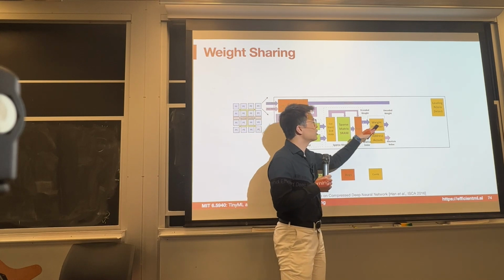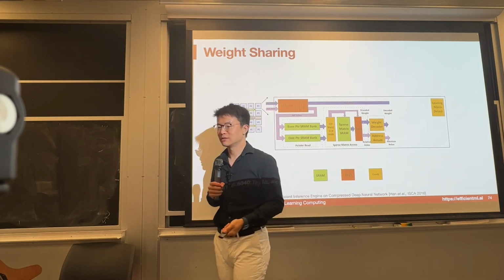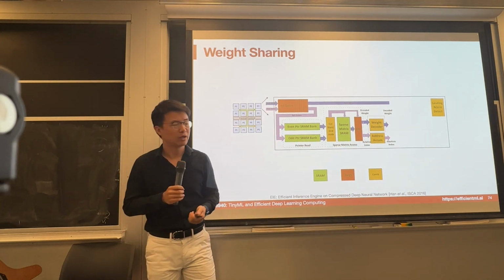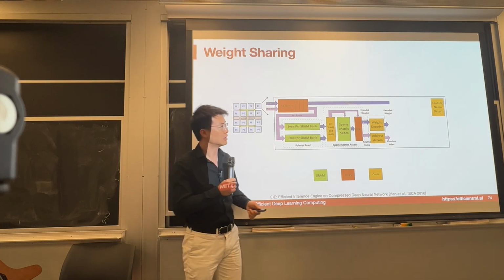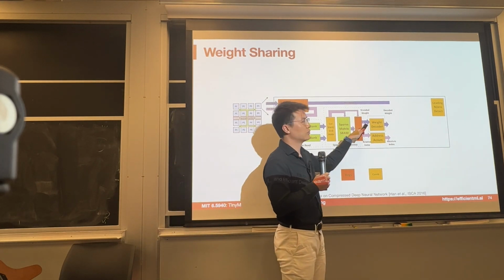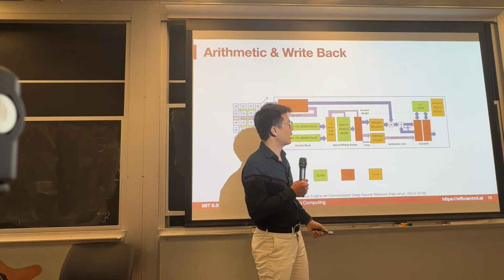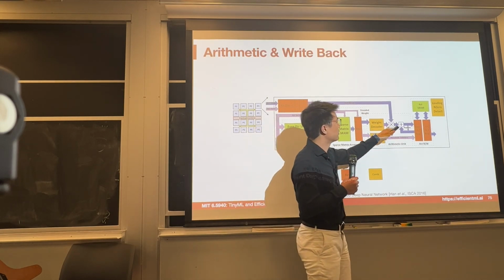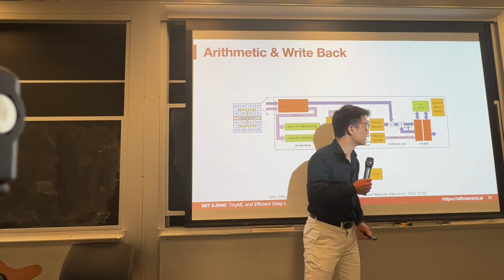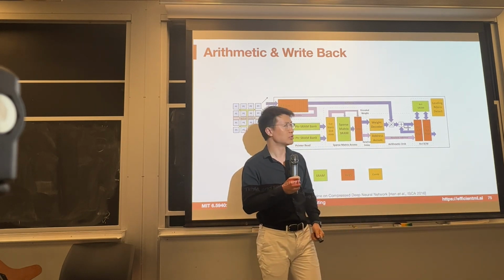Finally, we decode from 4-bit to 16-bit, the number after weight sharing, which we're going to talk about in the next lecture. We decode from the 4-bit into the 16-bit elements, do the multiplication and the add, and finally write it back to the activation register.